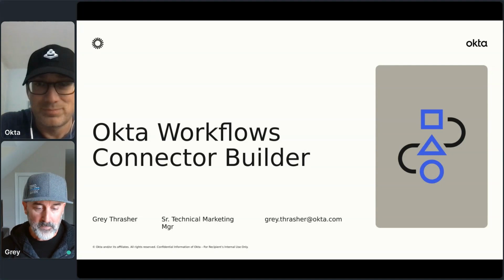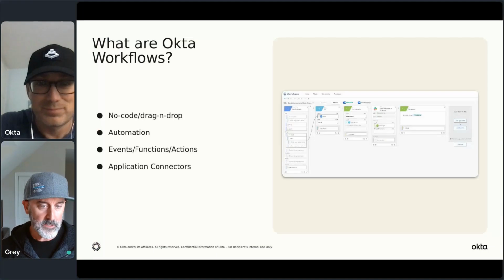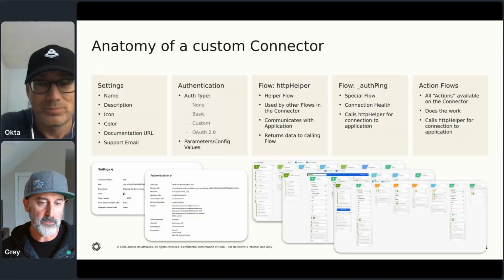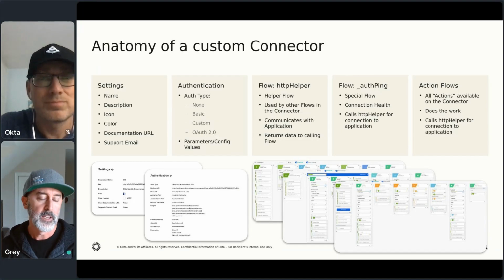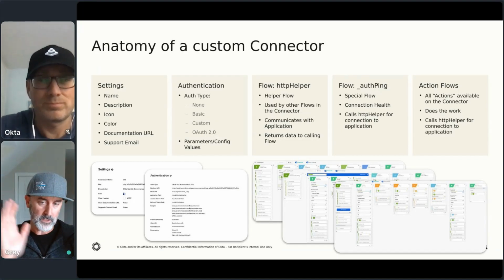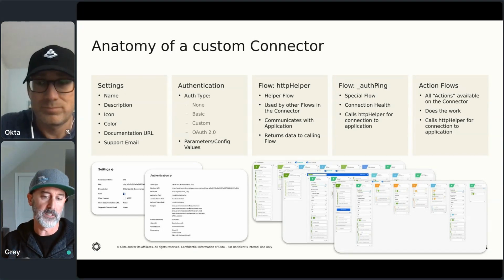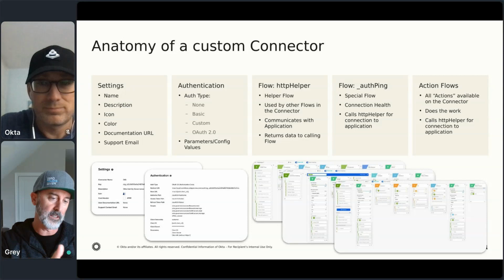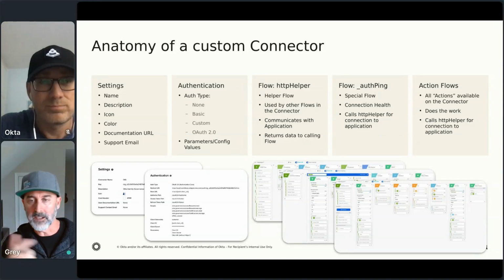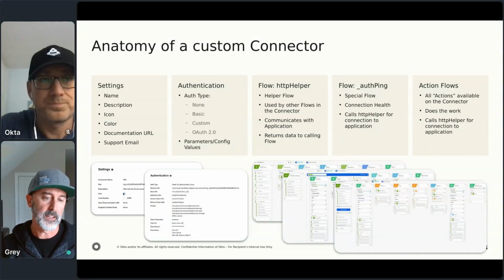I'm not going to do the slides again, except for one, just to recap the fundamentals. Looking at this slide, these are the different components involved in building out a custom connector. The settings are the branding, the name, description, and if you had an icon or color, that's where you would set that.